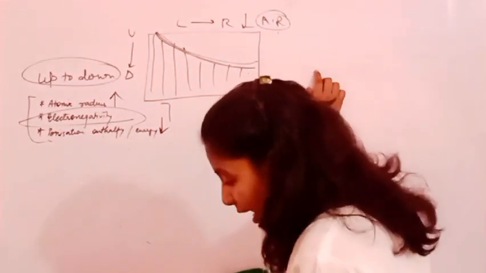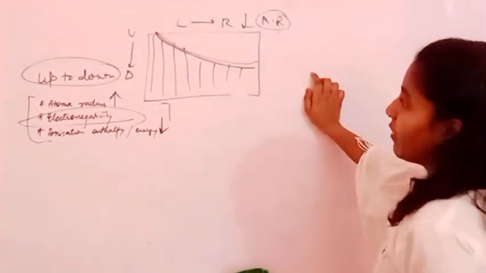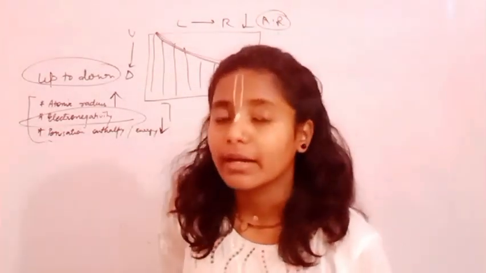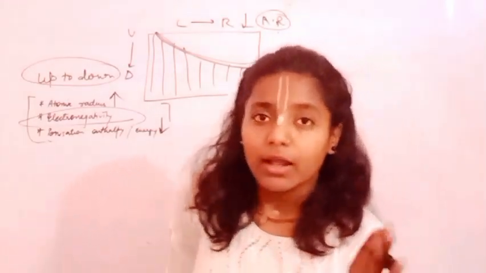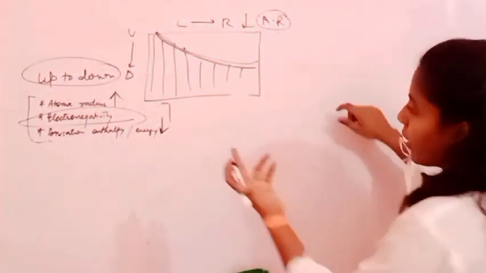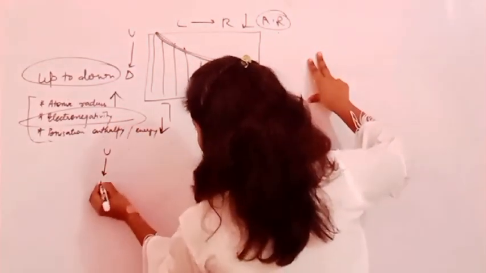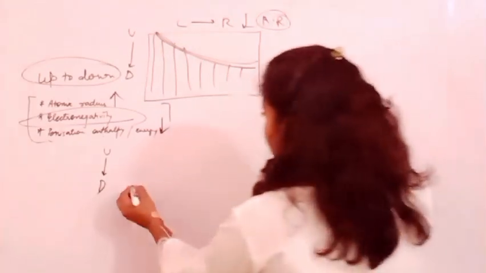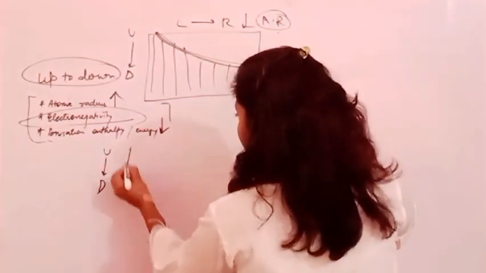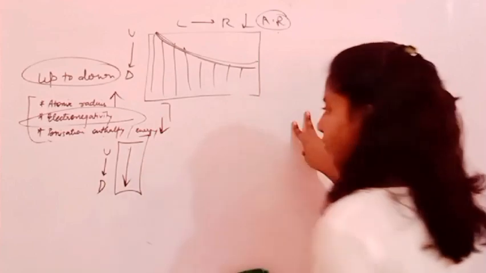अब देखो, टॉकिंग अबाउट योर इफेक्टिव न्यूक्लियर चार्ज, इलेक्ट्रोनेगेटिविटी अप टू डाउन जाने पर डिक्रीज करती है। यू वुड से हाउ, going on from up to down the group of the periodic table, you came across the electronegativity as the decrease. How?